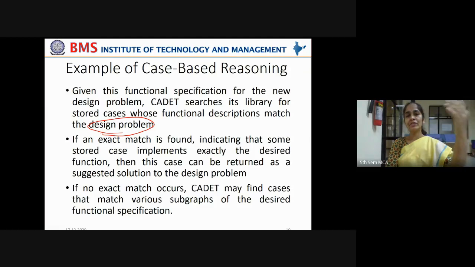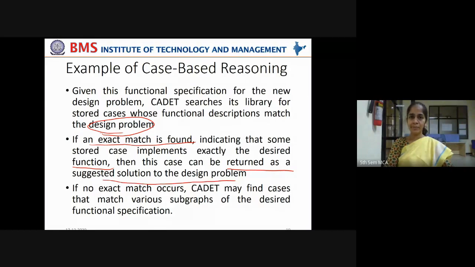Existing solutions whose functional descriptions match the current problem are taken. If an exact match is found, indicating that some stored case implements exactly the desired functionality, then there is already one structure in the library addressing the same kind of functionality. Then this case can be returned as a suggested solution to the design problem.